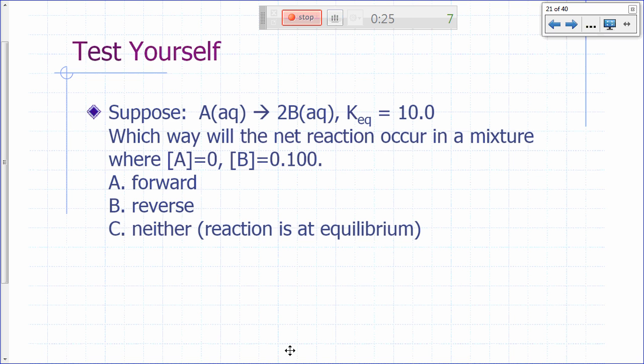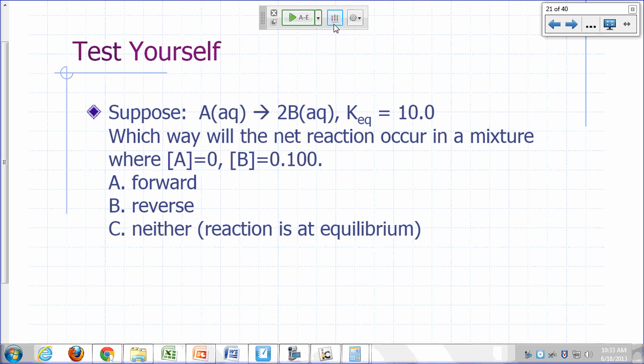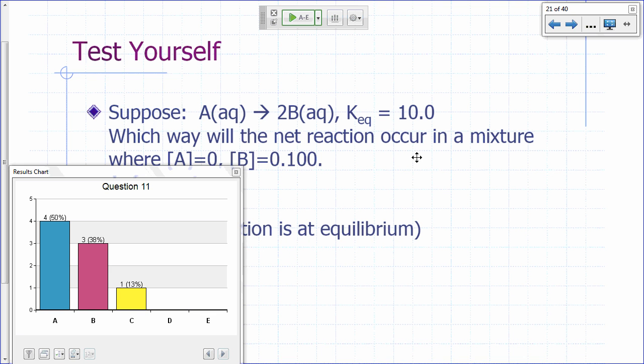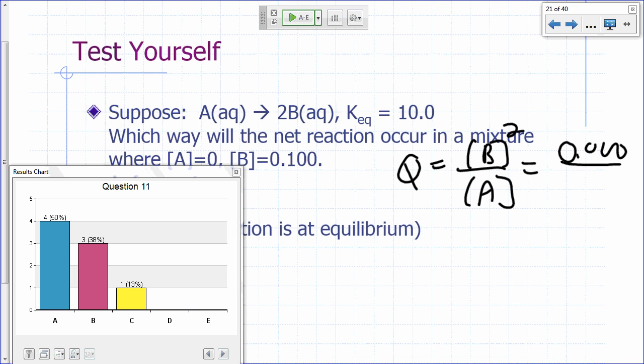What's a number divided by 0? Infinite. So Q would be equal to B over A, right? So it's B squared over A. So it's 0.100 over 0.